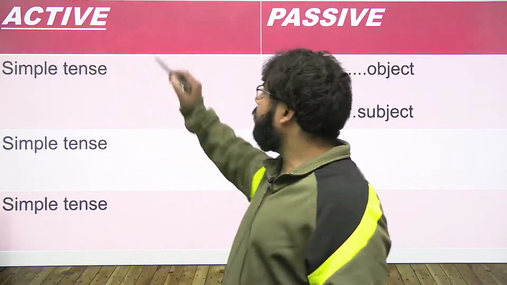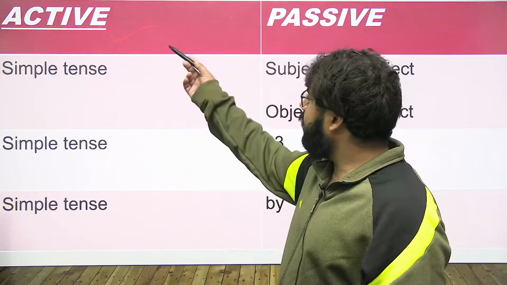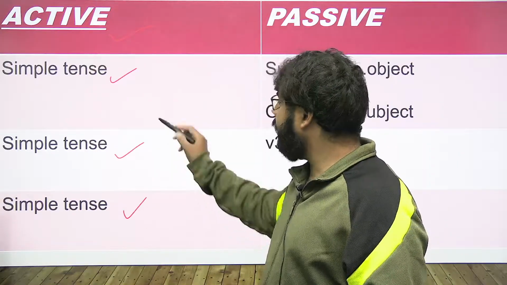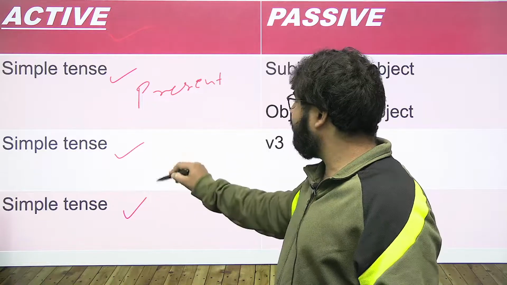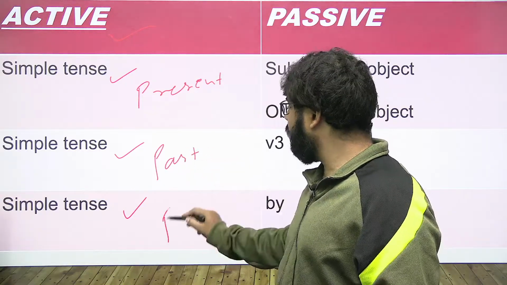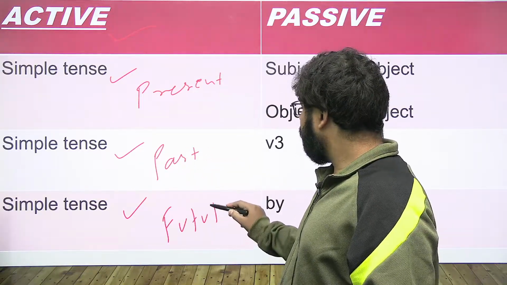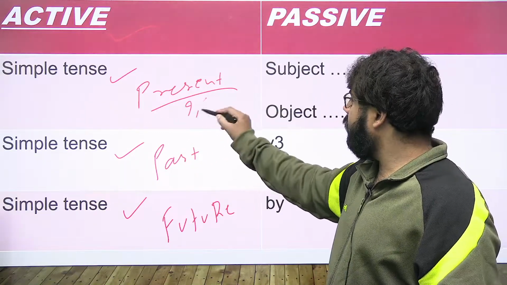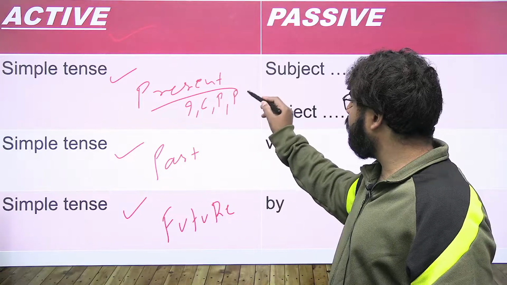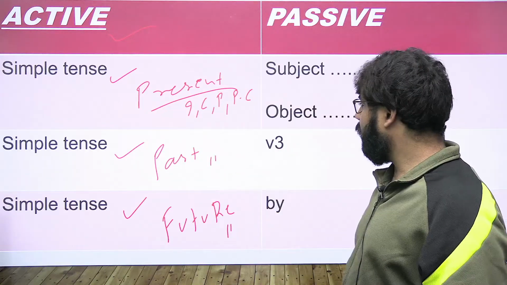The active voice can be seen in the form of tense, that can be present tense or past tense or future tense. It can be written in indefinite, continuous, perfect and perfect continuous, and so on.